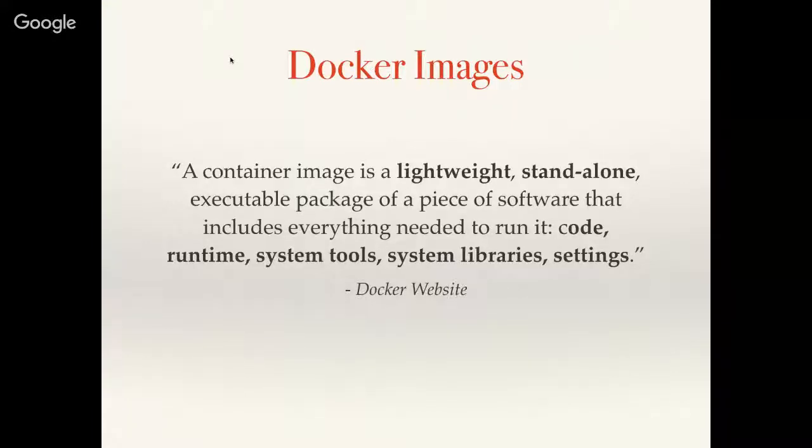A Docker image, when we talk about it, fits nicely with the concept of a microservice, in that an image represents what you will deploy. So it's not the actual running instance of it. Think about it in a car analogy: an image is the make and model of a car. You've got what it's going to look like, all the characteristics for all of those things, and then you've got the actual car.